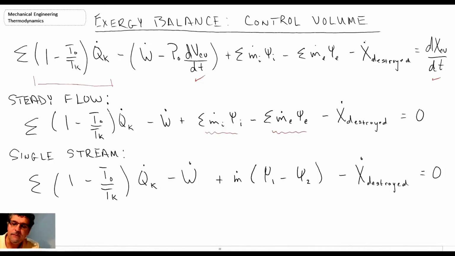Okay, further reducing it, what we're next going to do is we're going to assume that we have a system with reversible work. Now, if we're assuming reversible work, what that means is that there is no entropy generation, and consequently exergy destroyed is equal to 0.